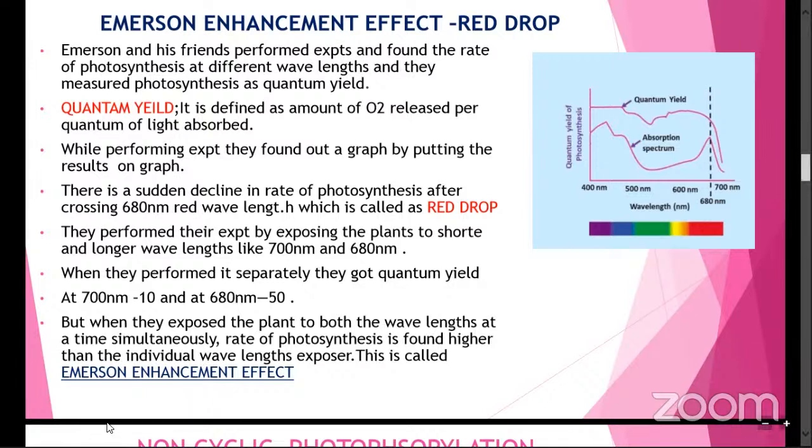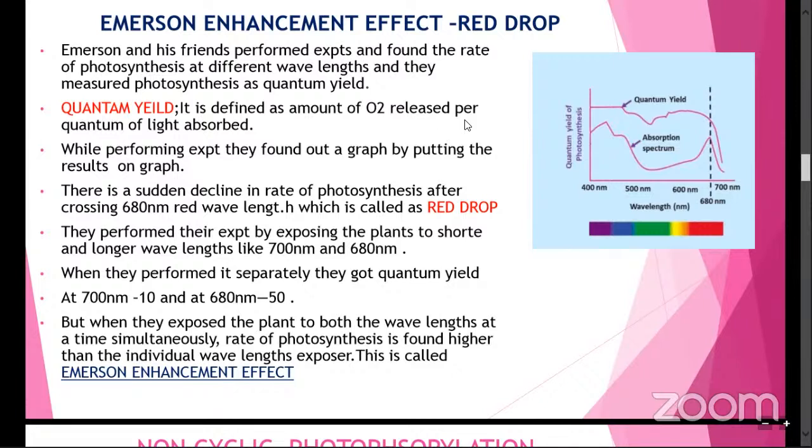That is called the Emerson enhancement effect. Individual exposure results in a little quantum yield, but when the plant is exposed to both wavelengths of light, that increases the photosynthesis rate or quantum yield. So that is called the Emerson enhancement effect.